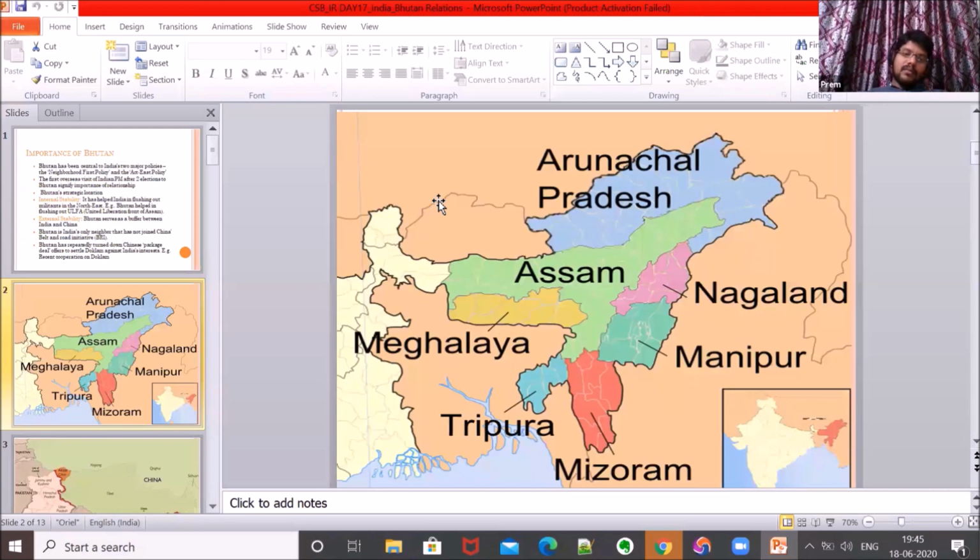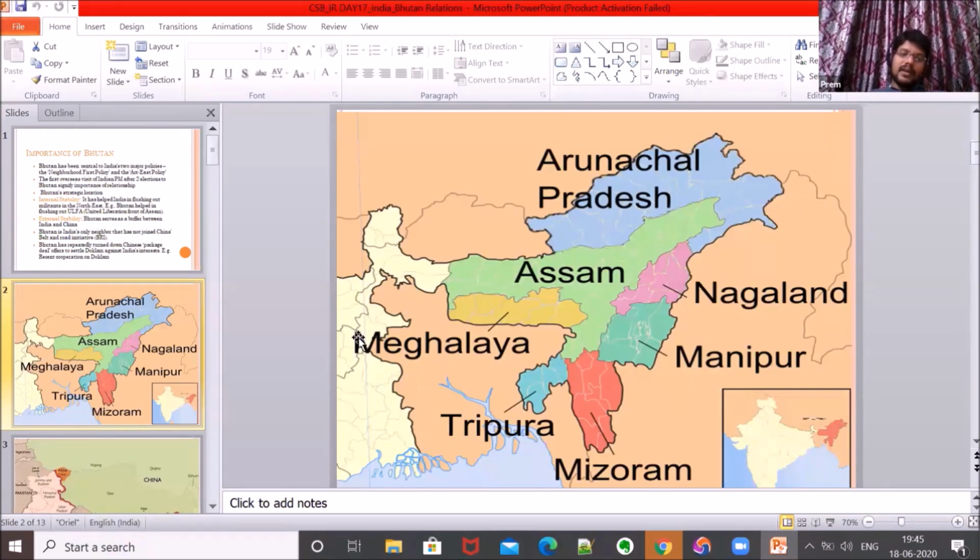For example, now what happens? Bhutan becomes a buffer state. Usually China, a large country, will not attack a small country because it will be shown in a poor light in international media. That is one thing. Second, even if China attacks, it will first attack Bhutan and it has to come through Bhutan to India. That is why Bhutan acts as a buffer state for India.